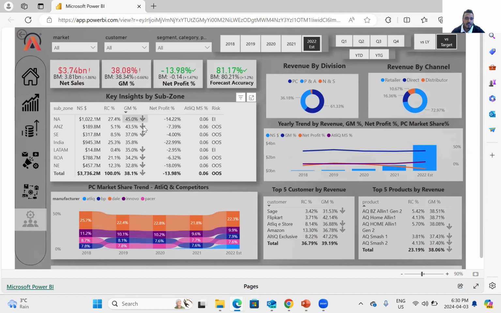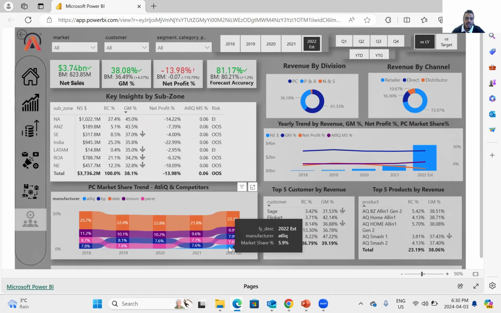And this is the conditional formatting we can see by the subzone, which are not meeting the target. As you can see, I have put a down arrow on those not hitting their target, but as per last year, as we see, I have created it. As you can see here, these customers, products, and this is a market share trend, which is at least growing in 2022.